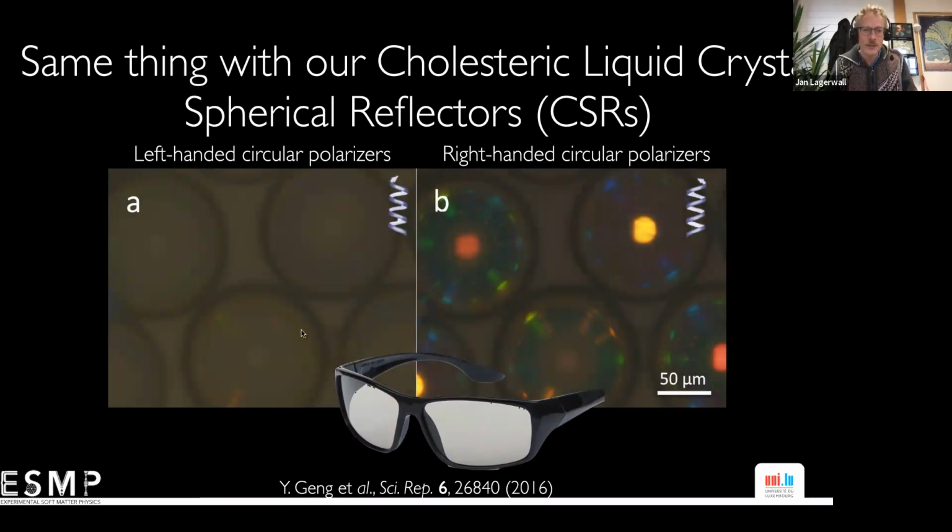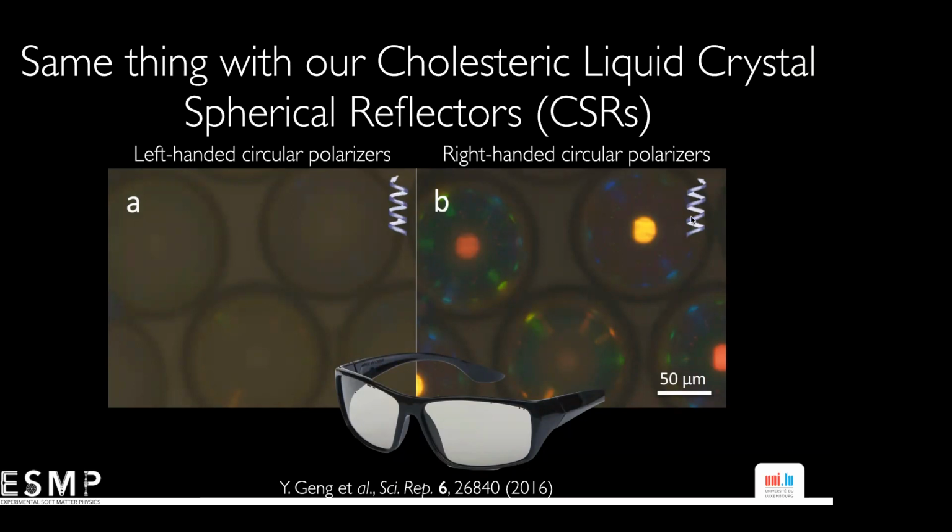And here you see the shells through left-handed circular polarizers, and you can see the shells are there. We have increased the intensity a little bit, so we still see some scattering, but there's no color. The color appears only when we look through the right-handed polarizer because the reflections are right-handed polarized. And that's going to be very, very useful for how we use these.